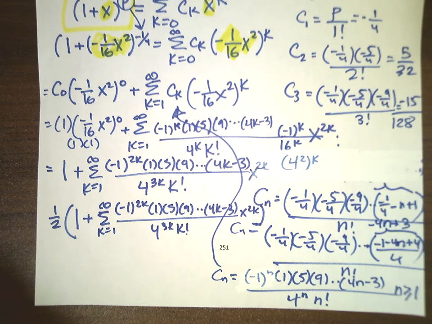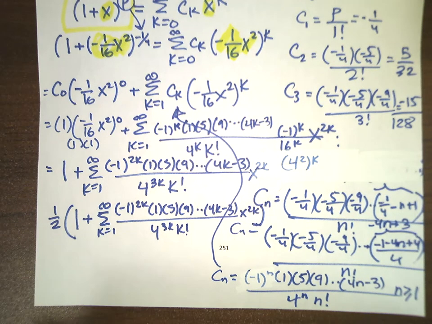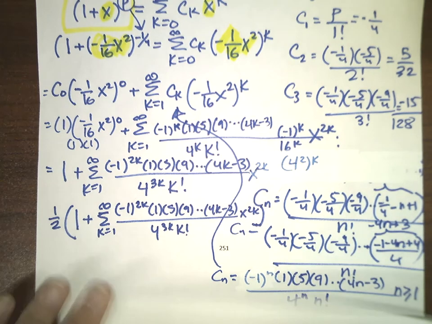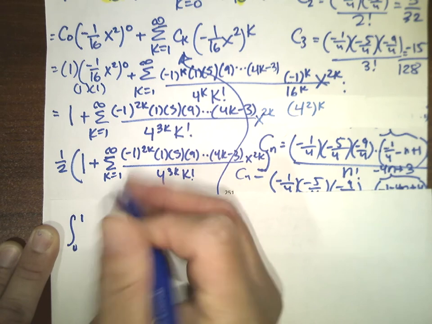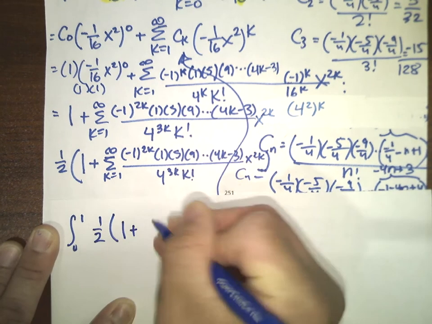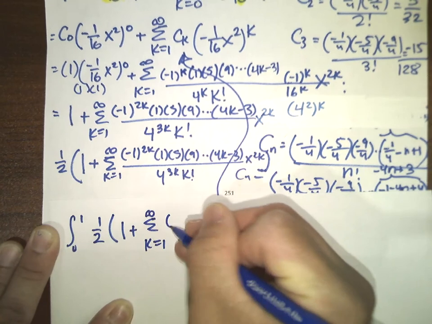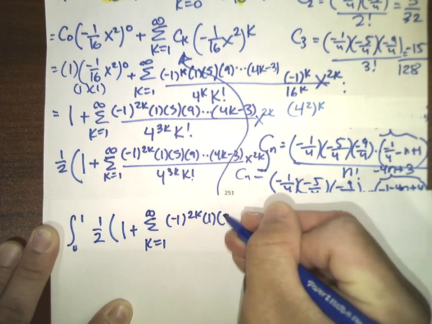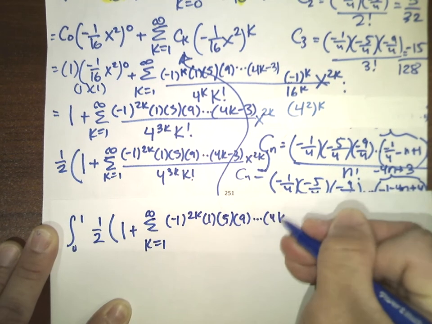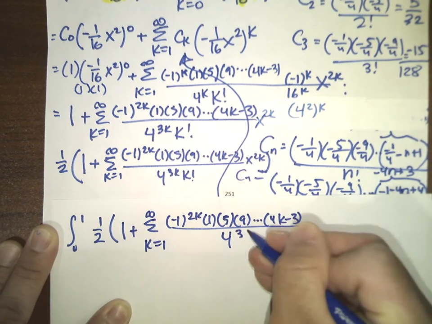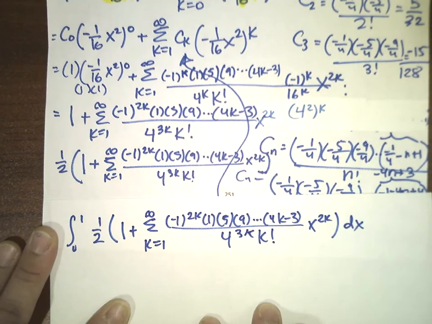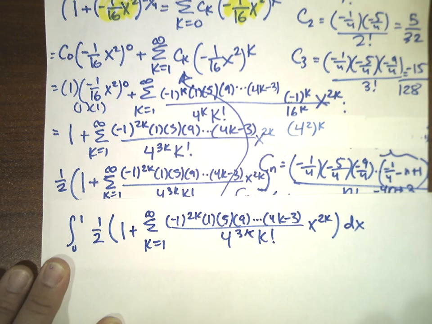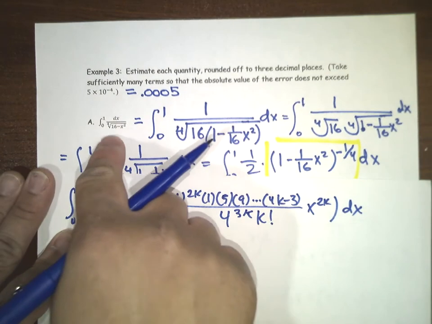So I'll write that on another page since it's getting a little bit crowded here. So why don't we take the integral from 0 to 1 of this now? So 1/2 times 1 plus sum k equals 1 to infinity of negative 1 to the 2k, 1 times 5 times 9 all the way to 4k minus 3 all over 4 to the 3k, k factorial, x to the 2k dx. All right, so this is my series estimate for this integral up here.